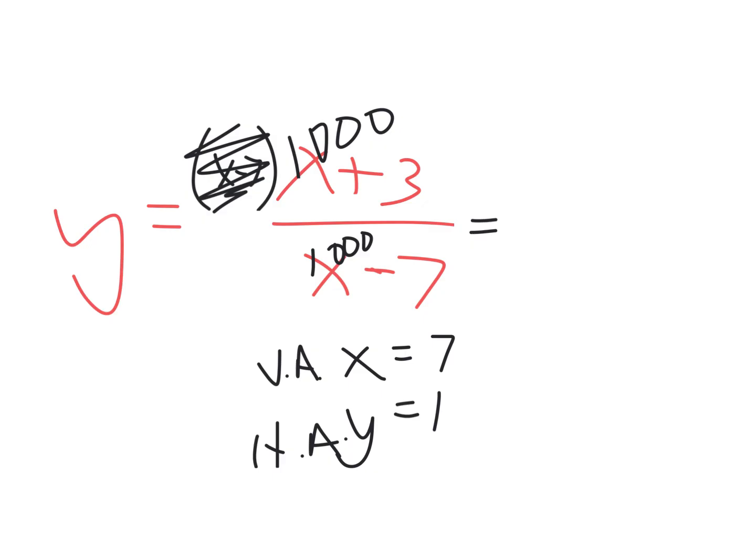All right. Would everybody please write these 3 problems down? You're going to get 3 different kinds of answers. I want the horizontal asymptotes for these 3 problems. Number 1, y equals (x squared plus 3) over x.